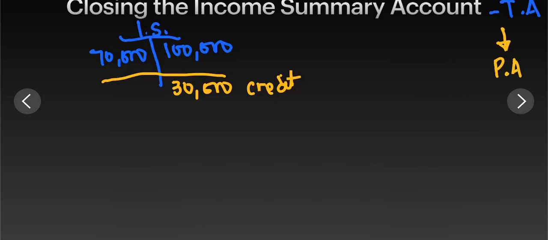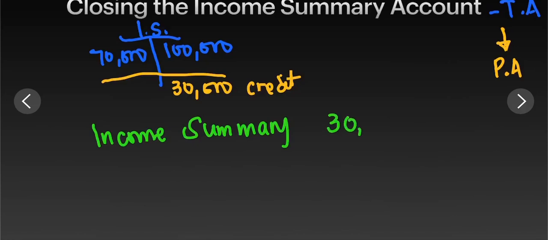So how are we going to make the income summary account balance 0? Since its balance is a credit of 30,000, in order to close this, we have to make a debit entry on income summary. For how much? 30,000. Where are we going to close the income summary account?